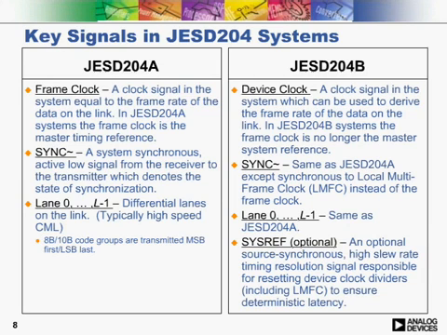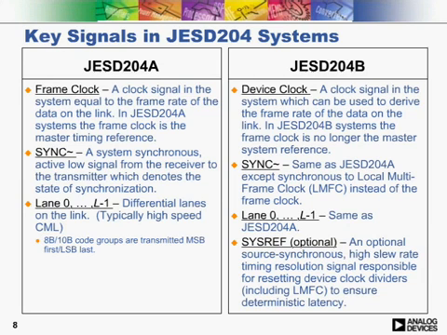Lanes are defined from lane 0 up to lane L-1, and these are differential lanes that exist on the JESD204 link. Due to the high speed of data transfer, these are typically high-speed CML. It is important to remember that the 8B10B code groups are transmitted over the link MSB first and LSB last.